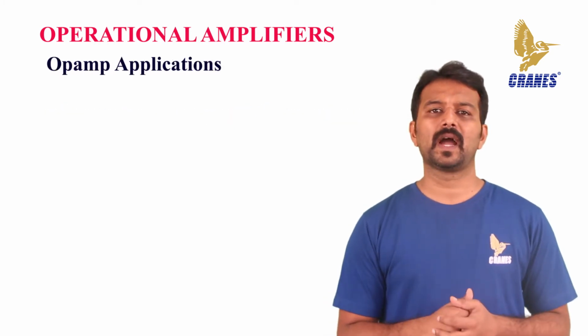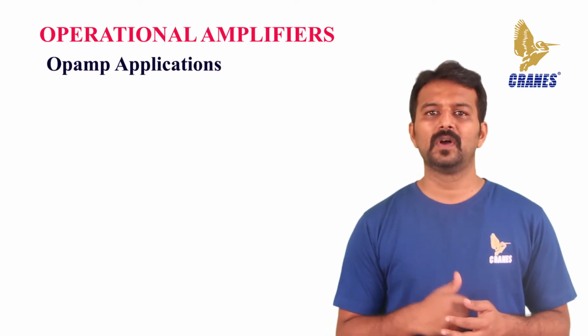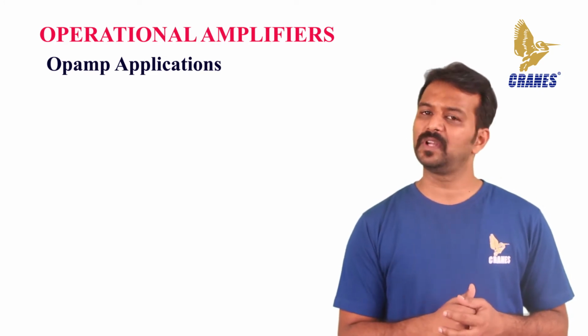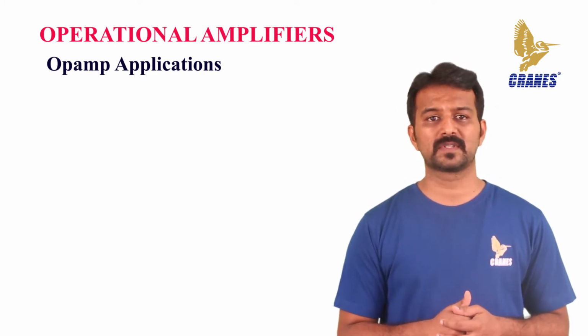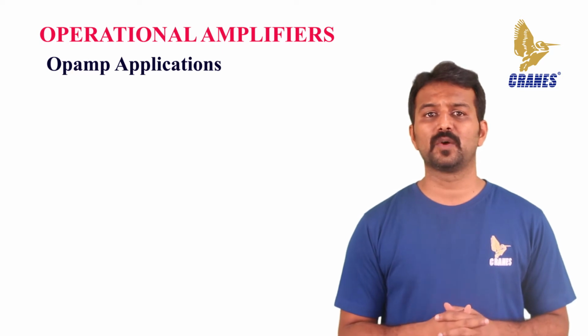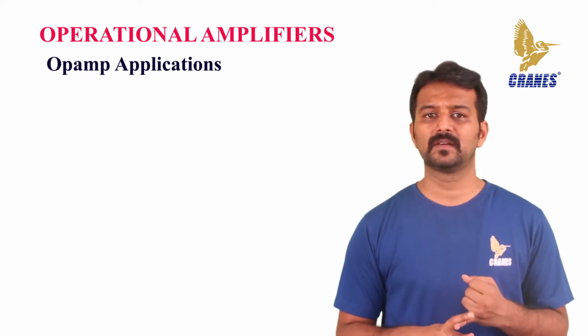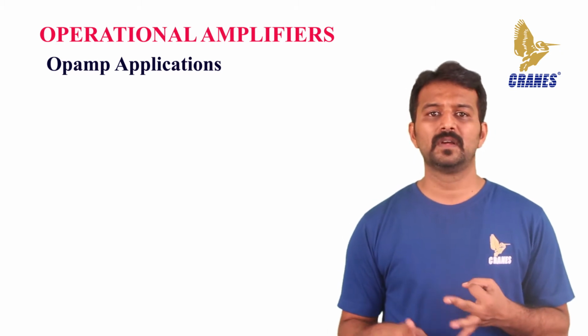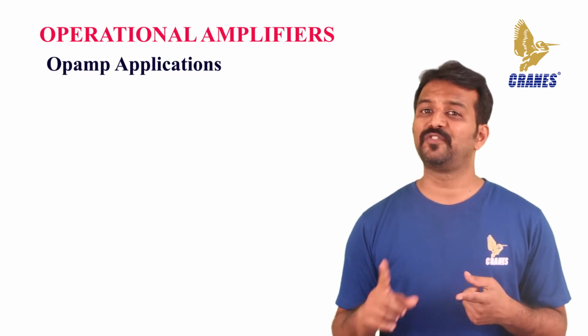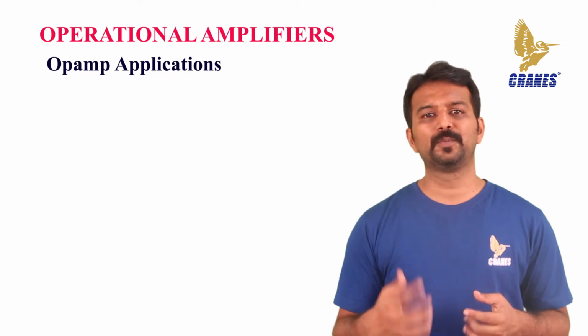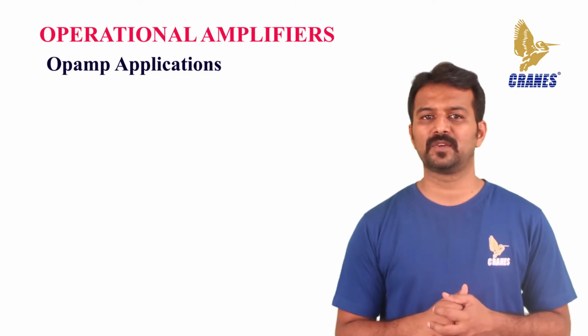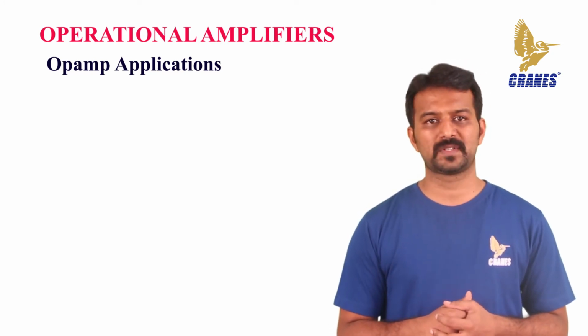Let's look at the applications of op amps. Operational amplifiers are particularly versatile circuit blocks. They find applications in a host of different circuits where their attributes of high gain, high input impedance, low output impedance, and a differential input enable them to provide a high performance circuit with a minimum of components.